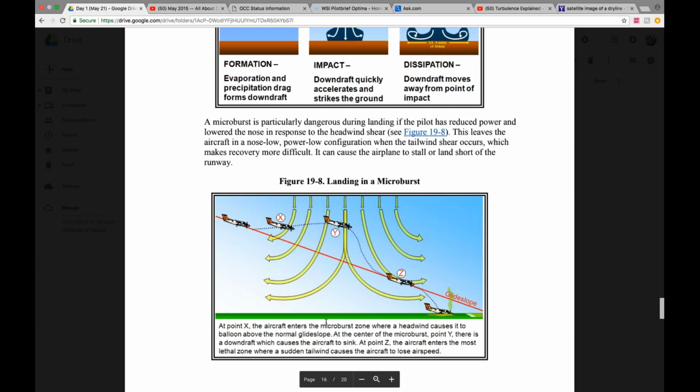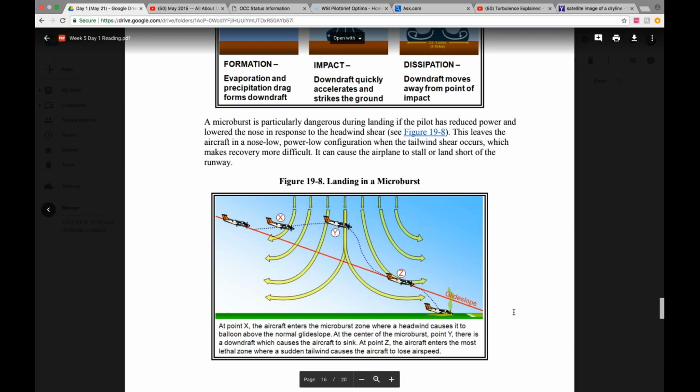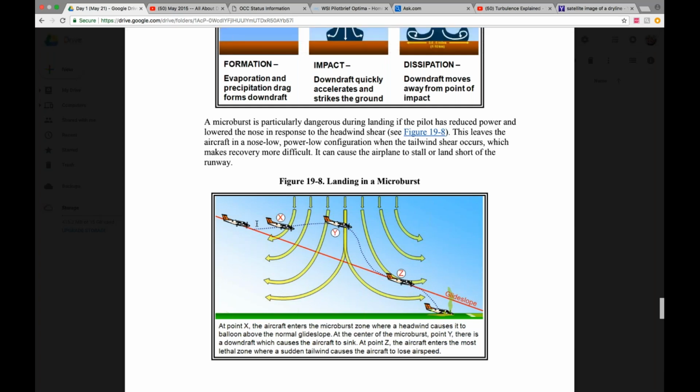So what happens is, as the pilot's flying on approach, remember that when we're landing, we're always going to land with a headwind, right? Because it helps the aircraft generate more lift and helps slow us down. So we always want to land with a headwind. So this guy's coming along on his approach into the runway, and he encounters this microburst.